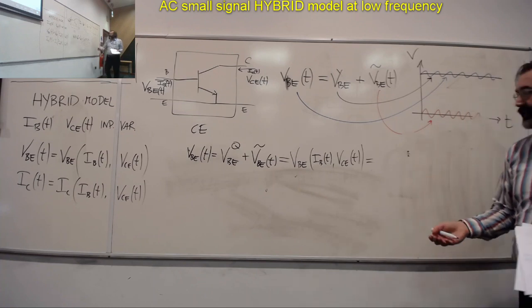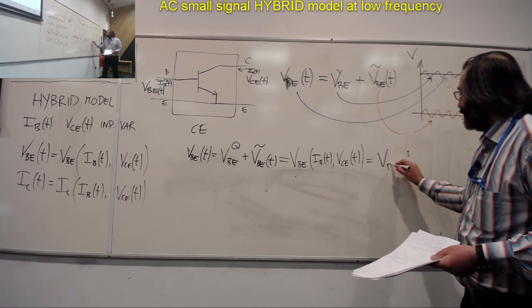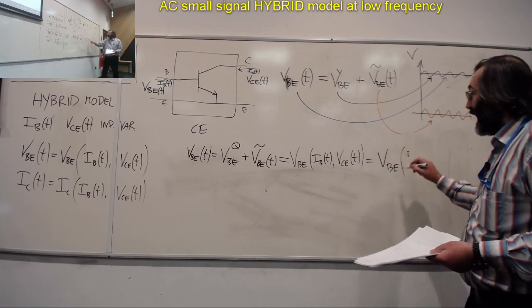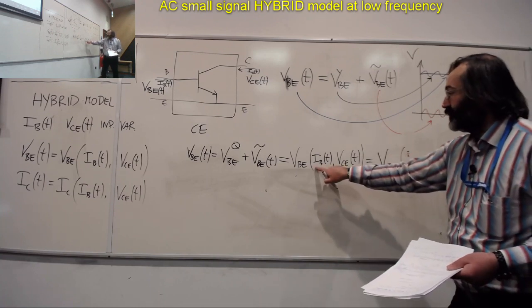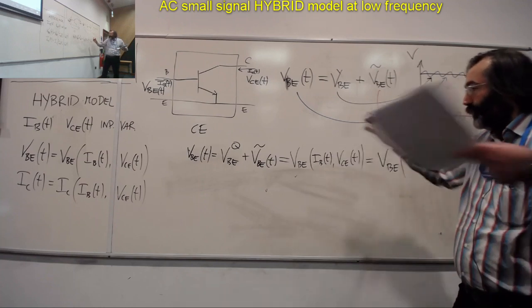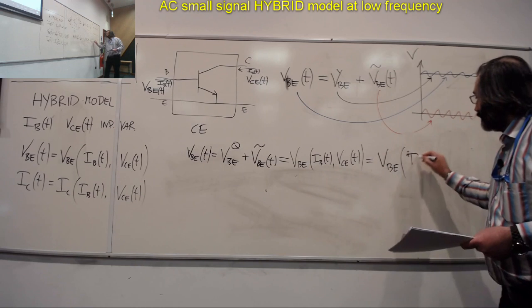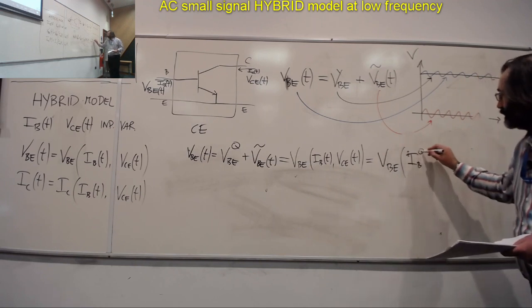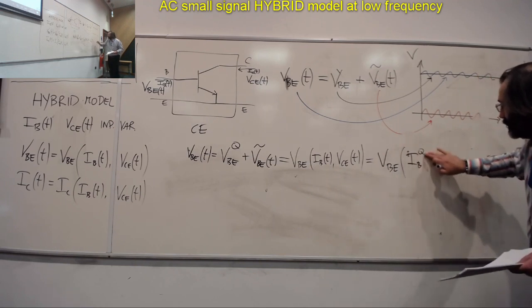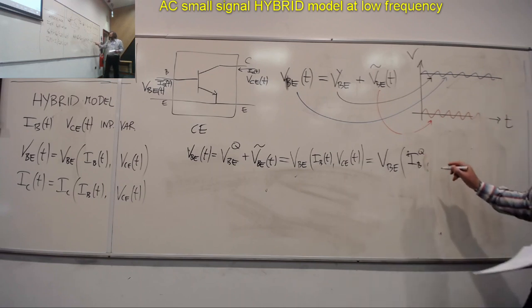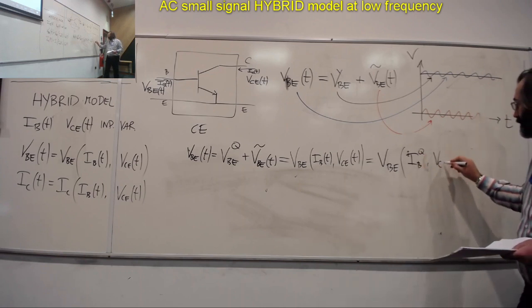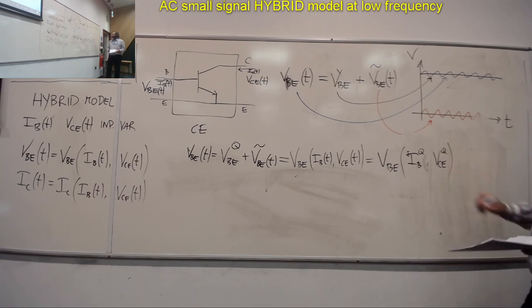I use Taylor again, and so this will become VB at, instead of having IBT, which is the full signal, I use only the DC part. I neglect the small AC. This is the quiescent point. This is telling you I am expanding around the quiescent point.